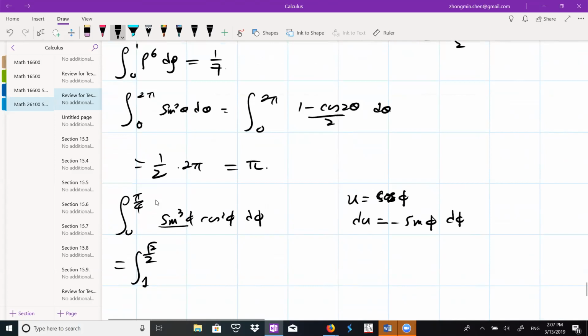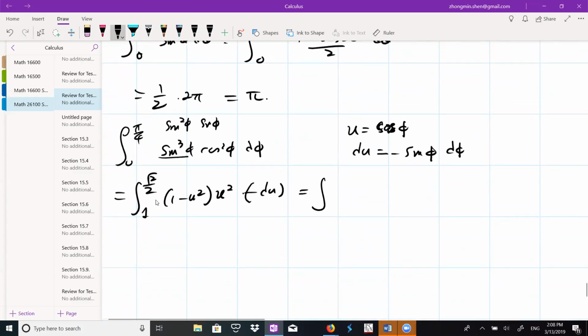Then sine cubed is sine squared phi times sine phi, and sine squared is 1 minus u squared. Cosine squared phi is u squared. So you will get the integral from square root 2 over 2 to 1 of u squared minus u to the fourth power du.